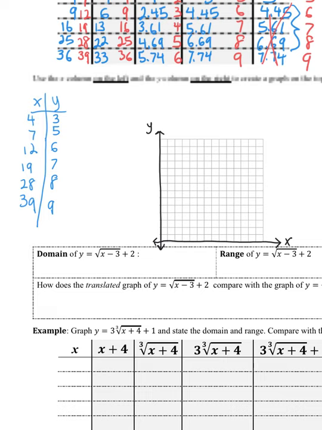If I counted by 2's, I would get to 28 there. If I counted by 3's, that's probably going to be helpful. So we'll go 6, 12, 18, 24, 30. I'm only labeling every other one. That'll get me all the way to 42 there. But I'm counting by 3's on the x-axis. On the y-axis, I just need to go up to 9 so I can count by 1's.